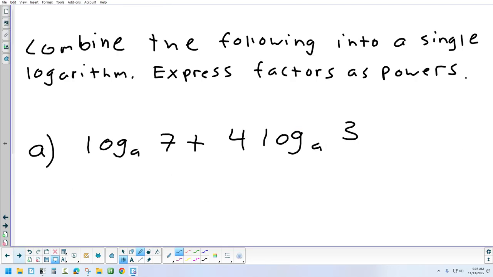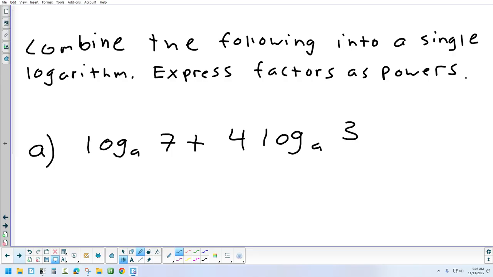Now we're going to do the reverse. We're going to take multiple logs and combine them back together. So it says to combine them into a single log and express factors as powers. This means don't leave any numbers in front, put them back as exponents. So now do everything we just did in the previous problems, but in reverse.